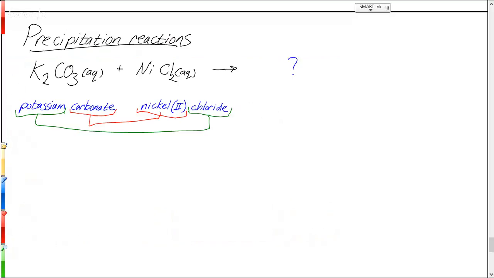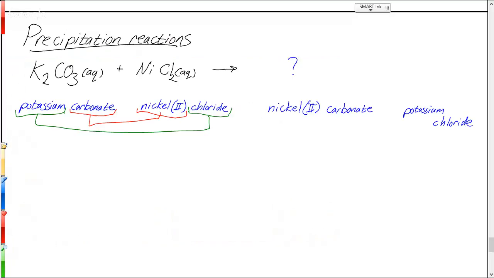And if we write the names first, then we can construct the appropriate formulas. So we're first going to put the nickel 2 with the carbonate. That's going to be one product. Then the other product is going to be the potassium with the chloride.